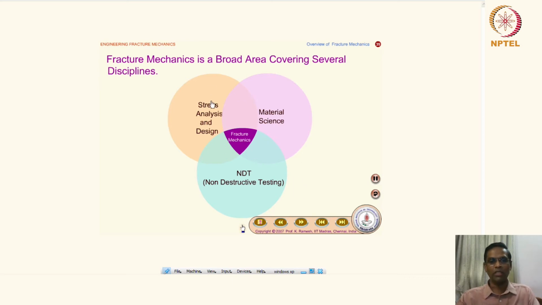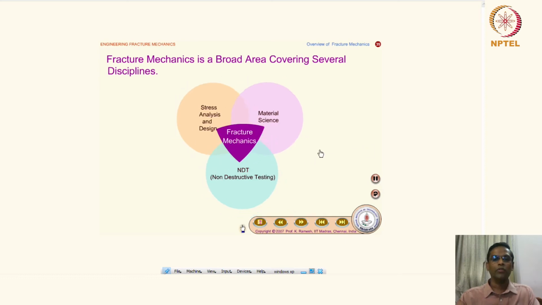But in a nutshell, it is connected to material science, NDT, and stress analysis and design. How are they connected? If you look at the material science aspect, this branch takes care of the studies of the fracture process and fracture toughness. These are elaborately focused in this subject domain.